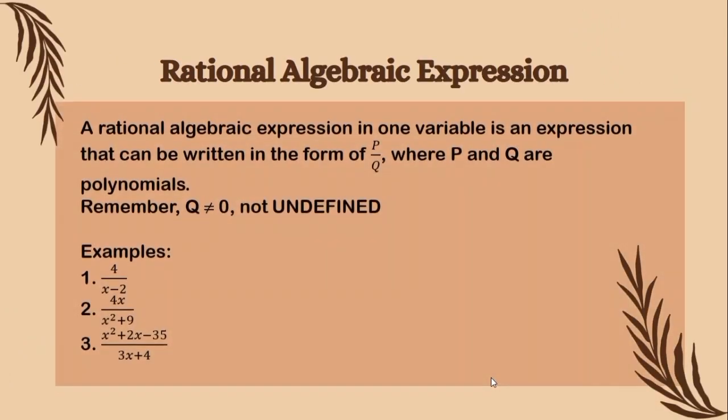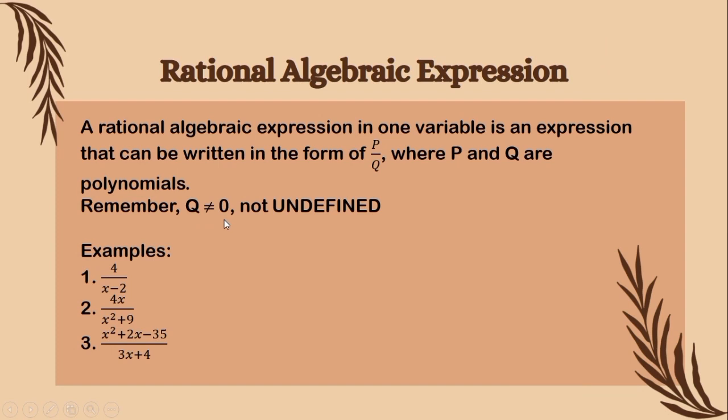So let's start. A rational algebraic expression in one variable is an expression that can be written in the form of P over Q, where P and Q are both polynomials. Remember that your Q should not be equal to 0 to make your expression not undefined.